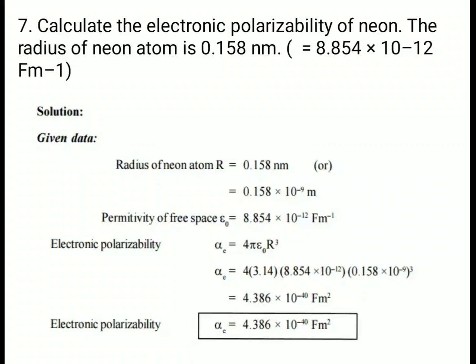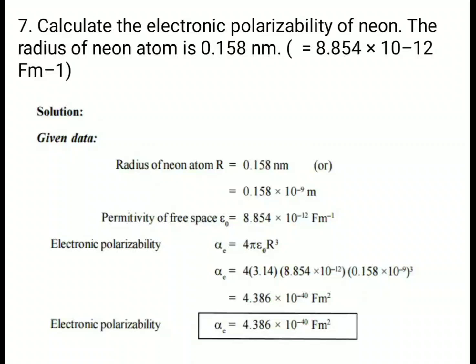And also the permittivity of free space epsilon naught is 8.854 × 10^-12 farad per meter. Now we know that the formula for electronic polarizability is alpha E is equal to 4 pi epsilon naught r cube.